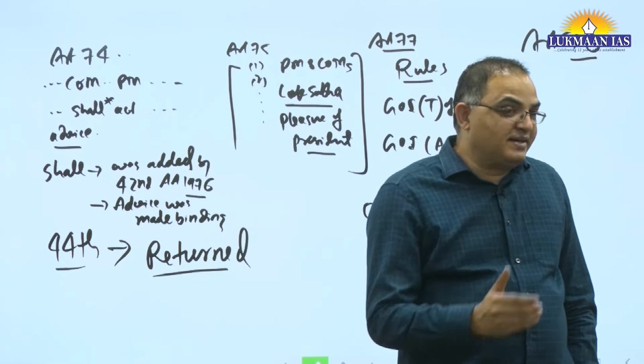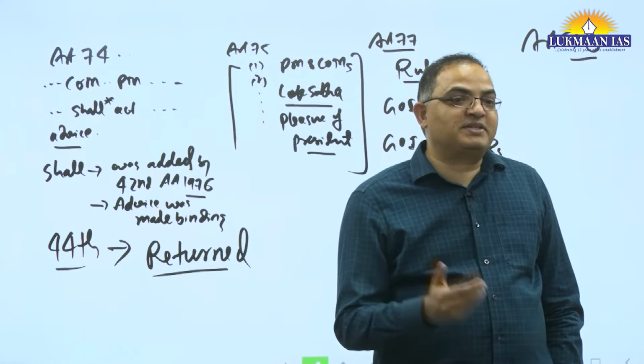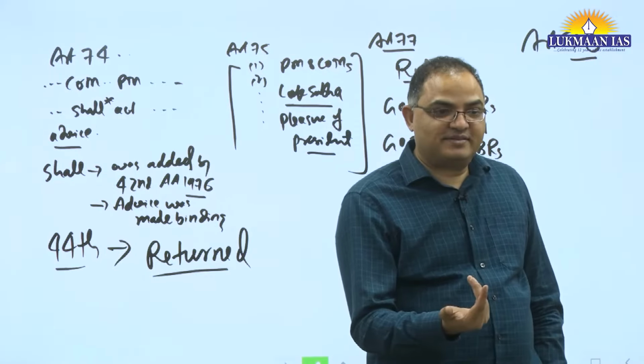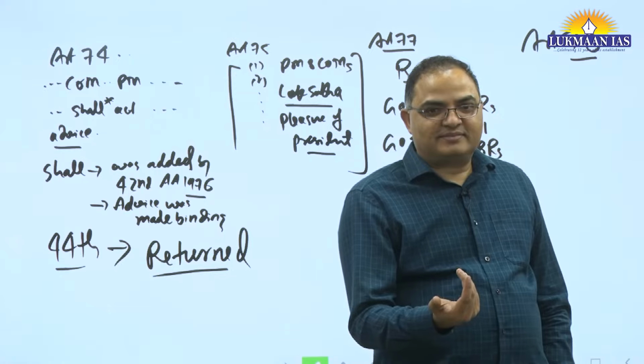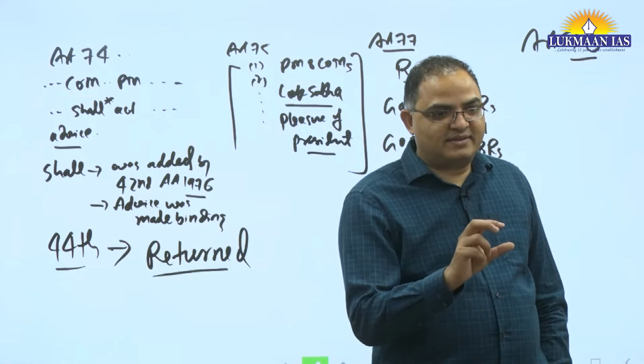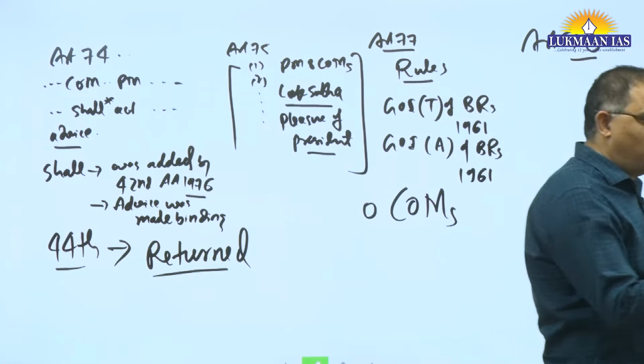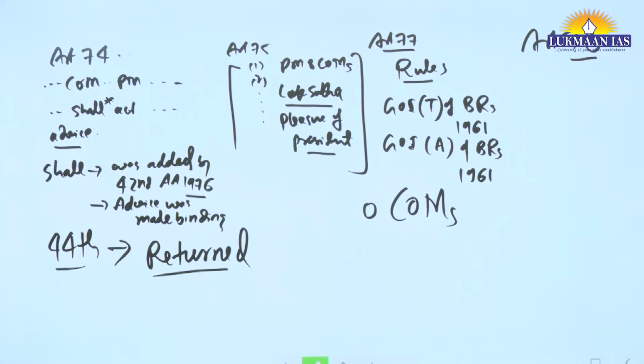So when the king does not do wrong, it means the king does not take decisions. This you have to understand. The king does not do wrong. So when the king does not do wrong, it means he does not take decisions. That's why he does not do wrong. Otherwise, to err is human.